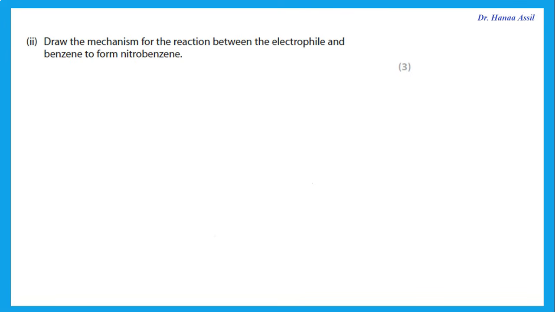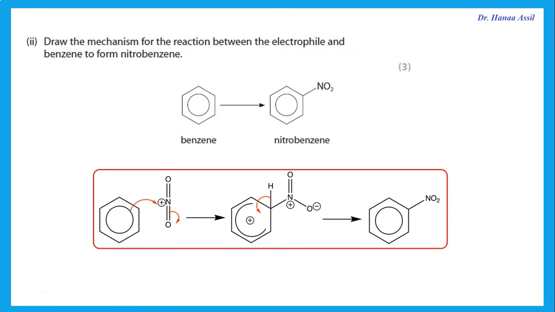Draw the mechanism for this reaction between the electrophile and the benzene to form nitrobenzene. So we're starting with benzene. We're going to react with the nitronium ion, which is the NO2+. So you can write it NO2+, or you can draw it like this. And of course, the first step is the electrophilic addition.